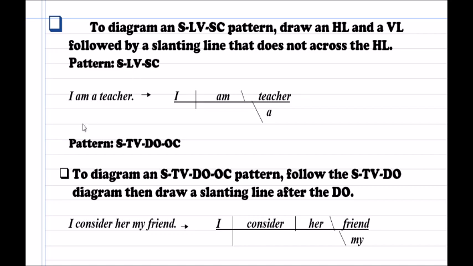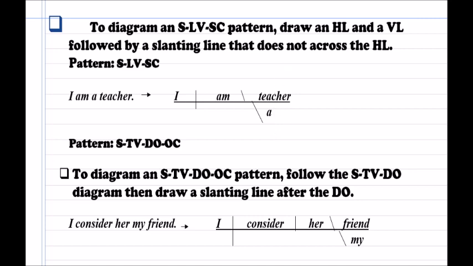Is it the a or the teacher? Of course, it is the teacher. You have to put the teacher beside the linking verb, and put a slanting line in between. And how about the a, or the article? It will be put under.